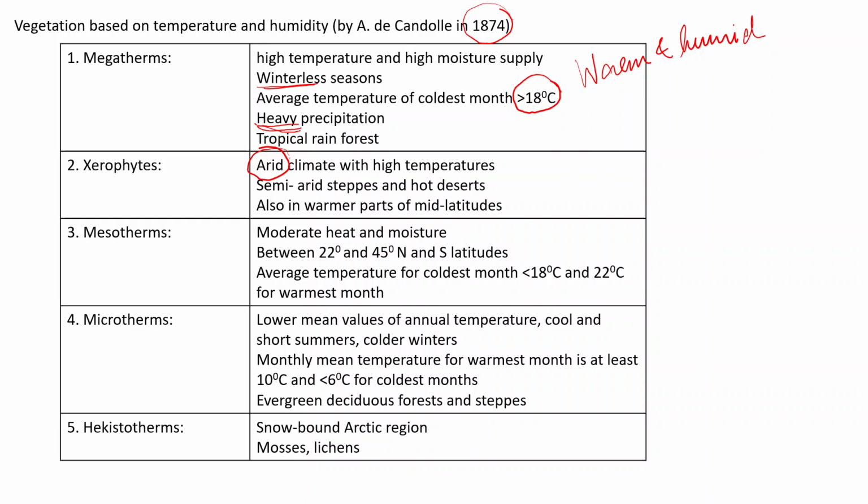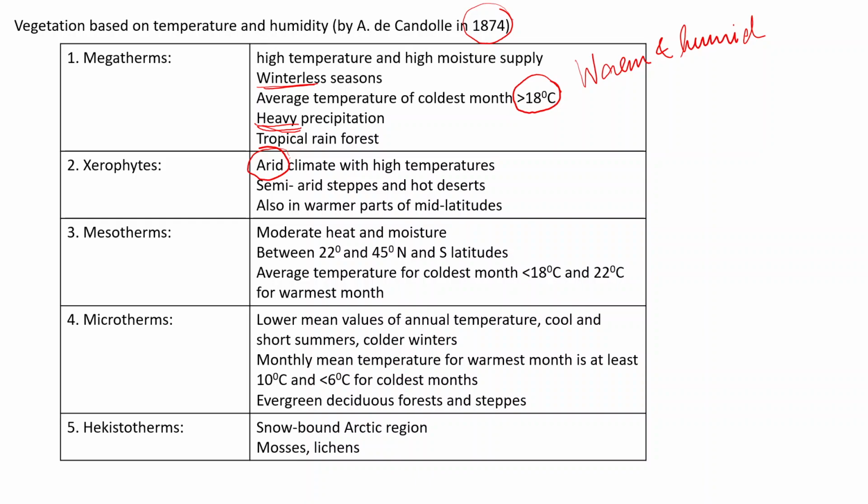If you see the video on wind circulation, you will come to know that between 25 and 30 degrees north and south, where the sinking arm of the Hadley cell comes down, we find the deserts.